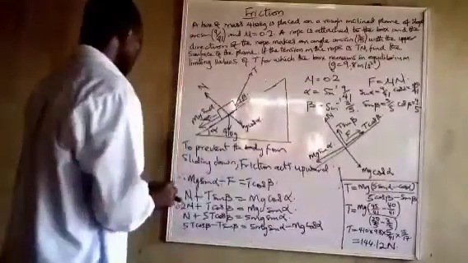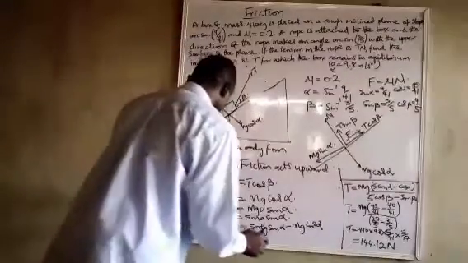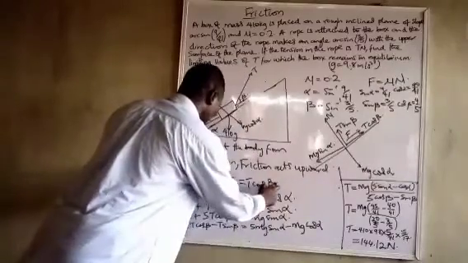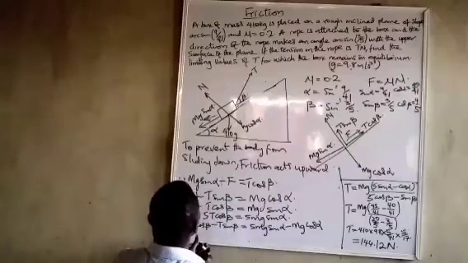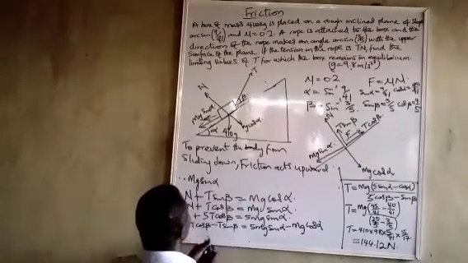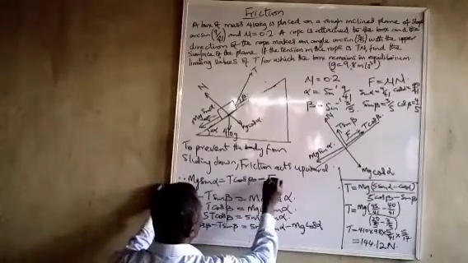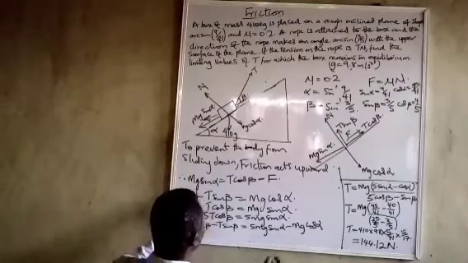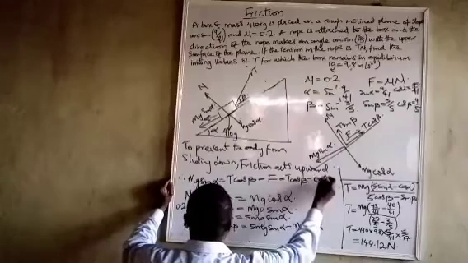Therefore, mg sine alpha will be equal to T cos beta minus F. You can see, it will be equal to T cos beta minus F, and that is T cos beta minus 0.2 N.